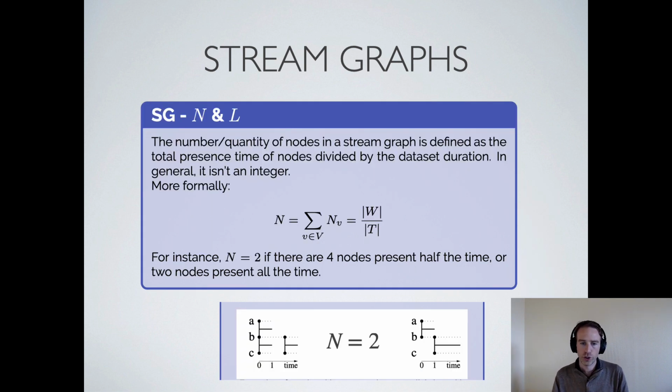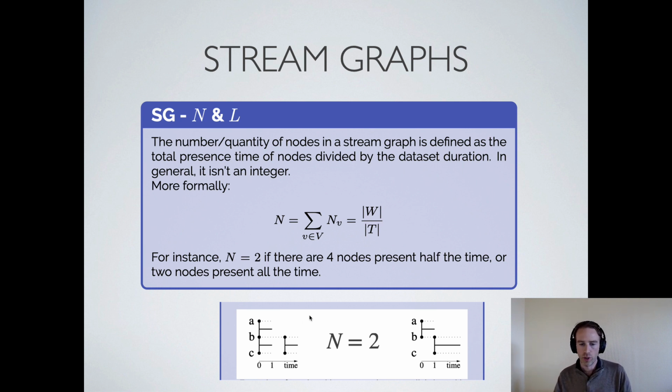So the first notion we will redefine is simply n, the number of nodes. If you remember, on a static graph, like in the graph on the bottom, you have A, B, and C. So in a static graph, we say that there are 3 nodes. But in a stream graph, what we want to compute is the quantity of nodes, so how many nodes there are in the graph on average.